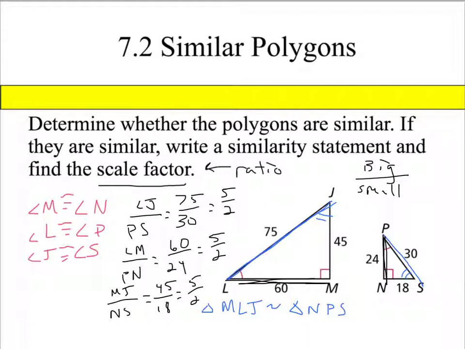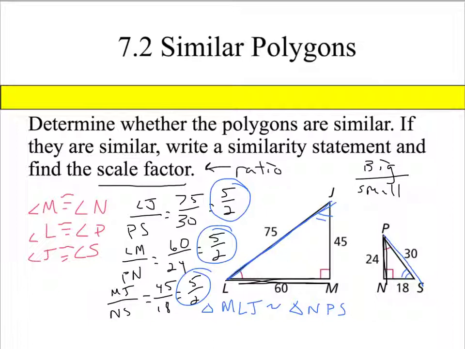Notice I have my corresponding sides and my corresponding angles all set up in the correct place. All right, and it asks for the scale factor, which you already have, which is 5 over 2. If all three of those were not 5 over 2, then it's not going to be similar.